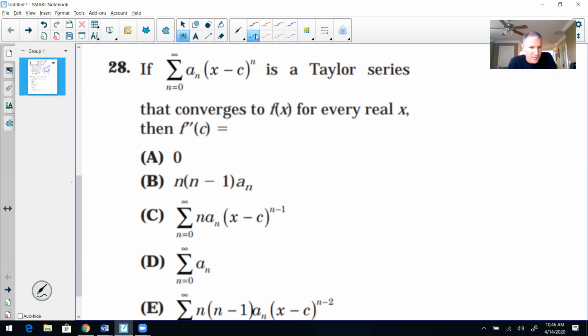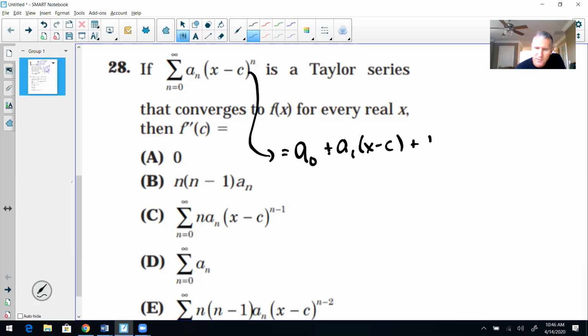So f double prime of c. Well, f of x is equal to a naught plus a sub 1 times x minus c to the first plus a sub 2 times x minus c squared plus a sub 3 times x minus c cubed plus dot dot dot.